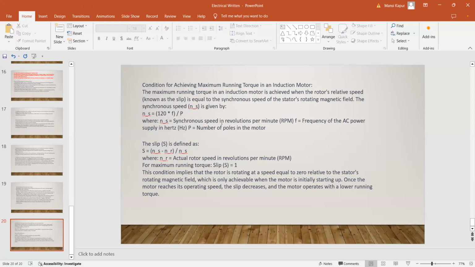Where Ns is synchronous speed in revolutions per minute (RPM), F is the frequency in hertz, and P is the number of poles. Your slip is defined as (Ns minus Nr) divided by Ns. Sorry, Nr is the actual rotor speed. So for developing maximum torque, slip should actually be 0.